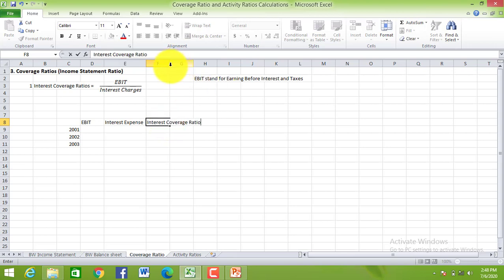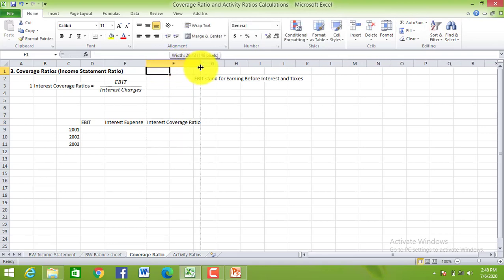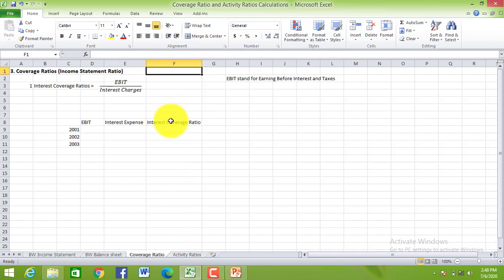So we will calculate in this column the interest coverage ratio, meaning how much earning is available in order to cover the interest charges.